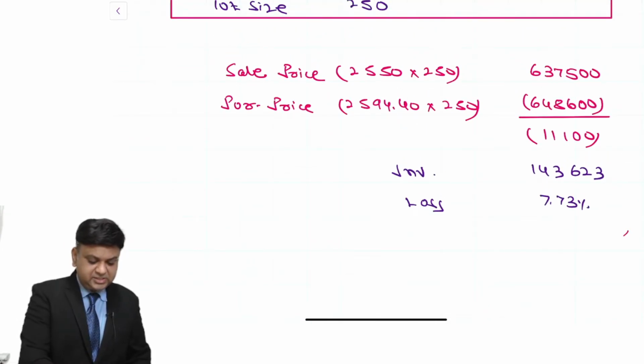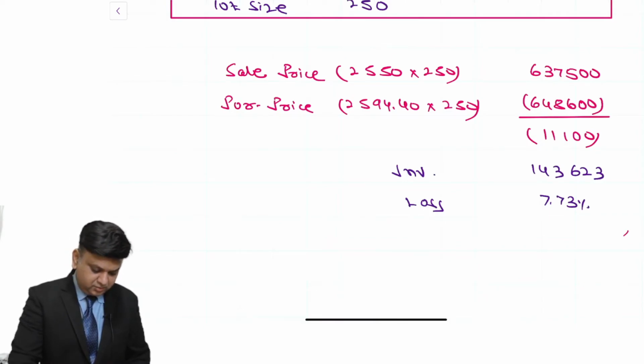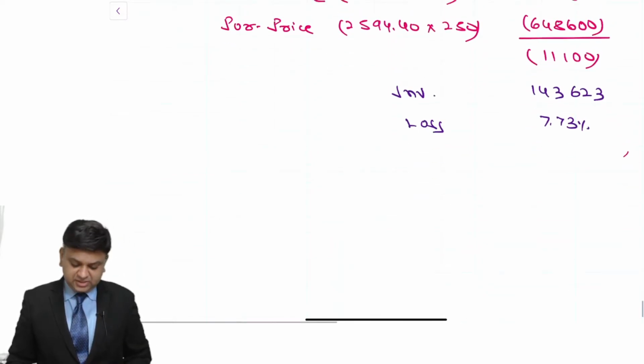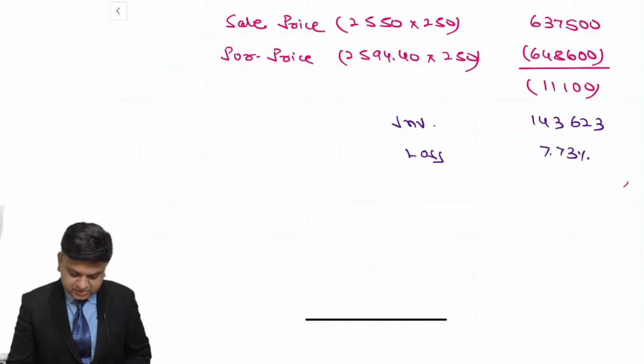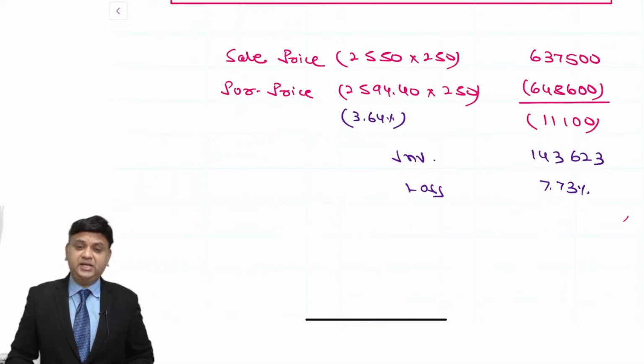Now you can see that 2550 minus 2594.4 divided by 2594.4 into 100. So when the price of the security reduces by approximately 3.64%, in that case you will be having the loss at the rate of 7.73%.